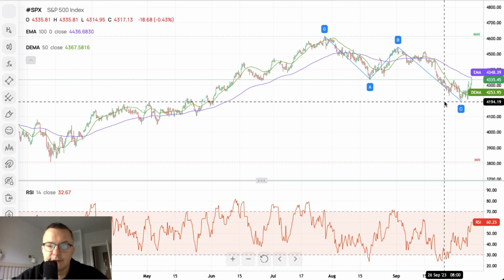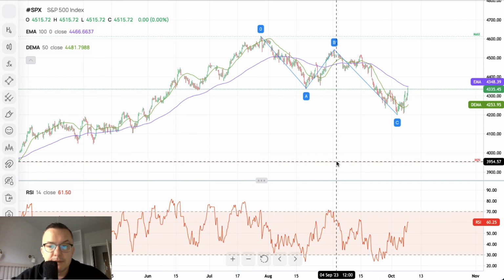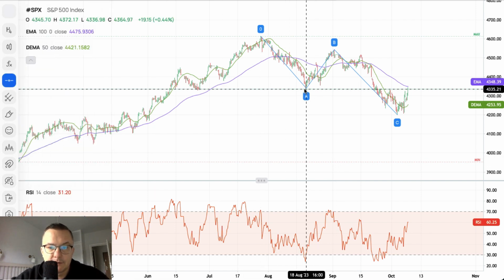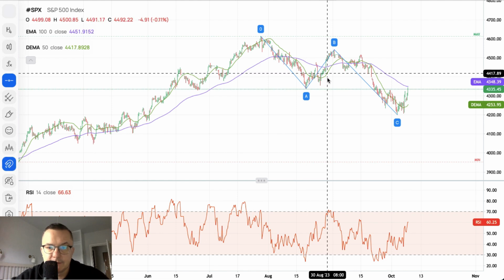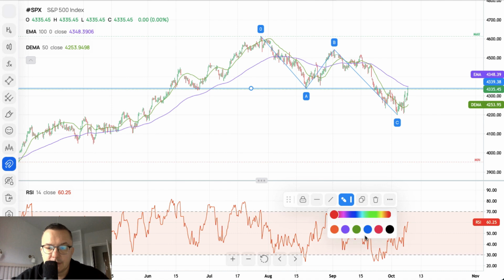This is not a pullback, this is a correction. Okay, so that big correction might be completed, and as you can see, currently we are testing the lows of wave A. Let me just make it a little bit bigger. There you go. This is the low of wave A, 4,339.